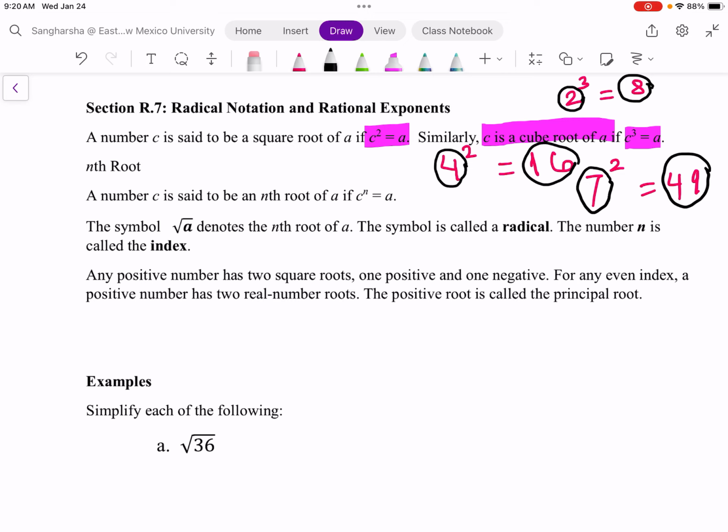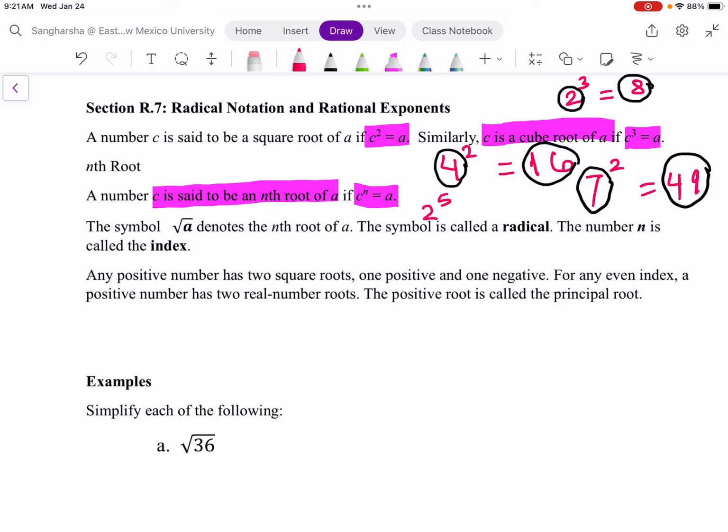Now in general, any number c is said to be an nth root of a if c to the power of n is equal to a. For example, we know 2 to the power 5.